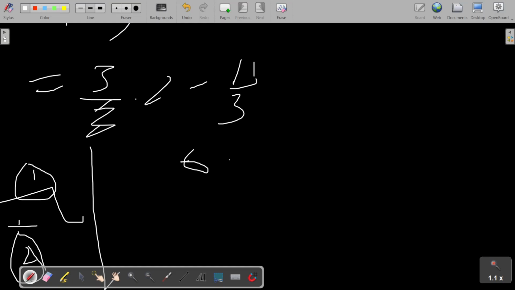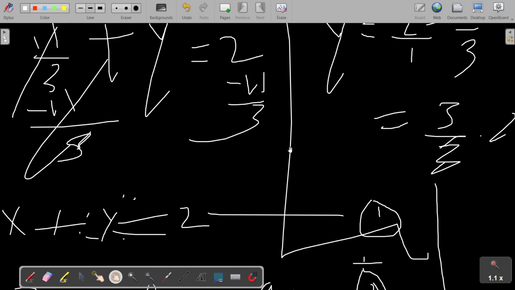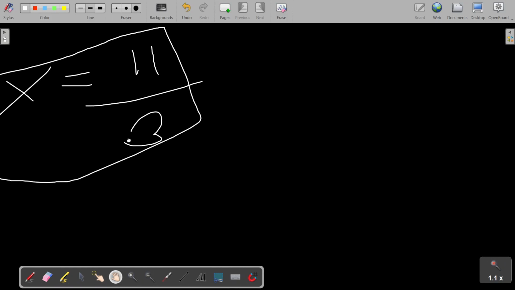Now this is 6, and this is minus 11 over 3. Okay, 6 minus 11 is negative 5 over 3. So we got the y value, and the x value is 11 over 3.